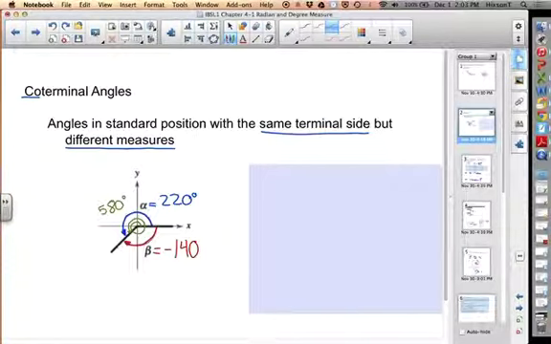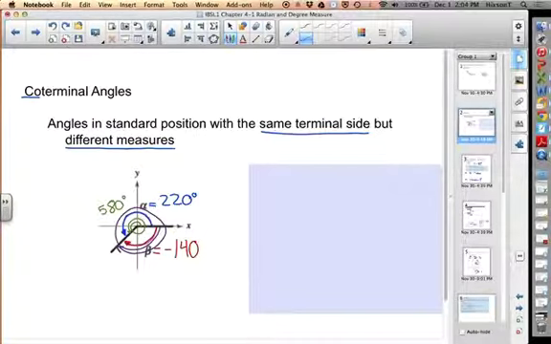Would B still be negative 140? Yes. Now, we could, if we wanted to, rotate around backwards more than once. I could do that. So if I went negative 360 and then negative 140, how many degrees would that be?